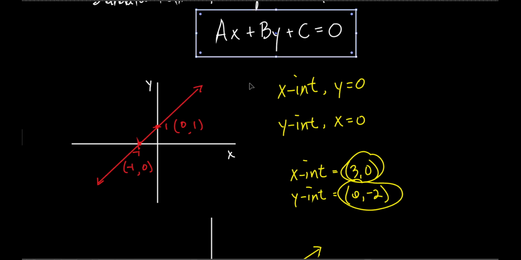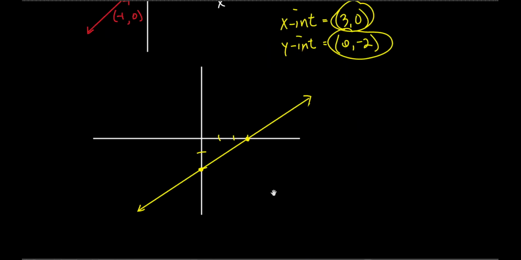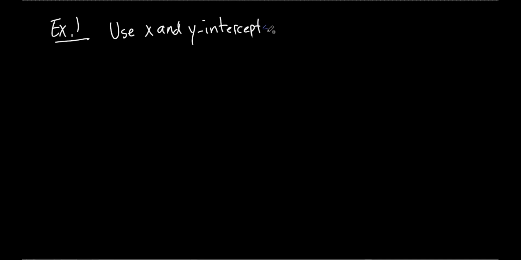All right, so let's do the example. So here's example 1. It says use x and y intercepts to graph, and they're going to give you an equation.